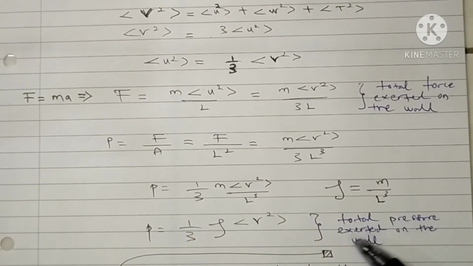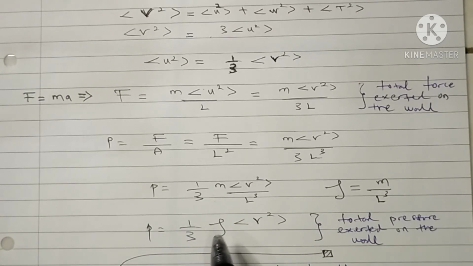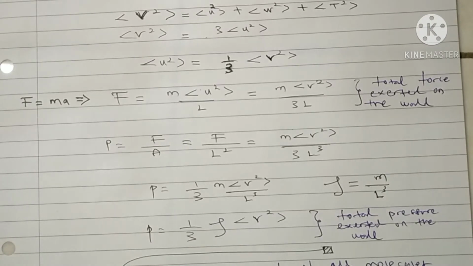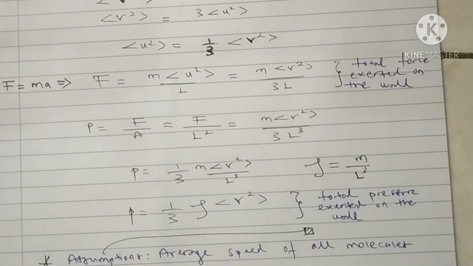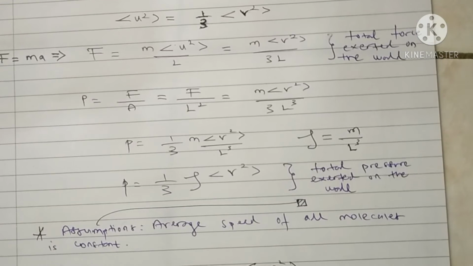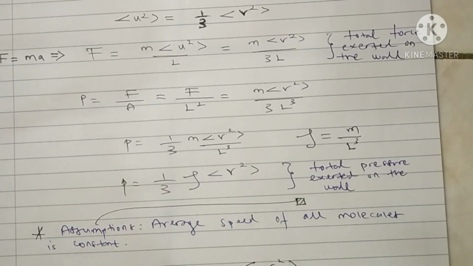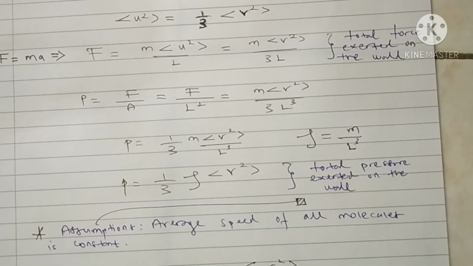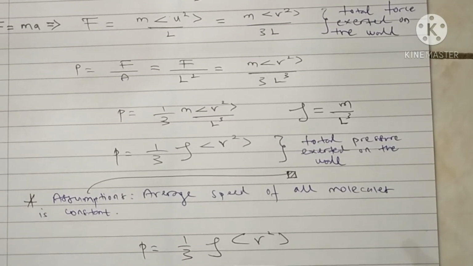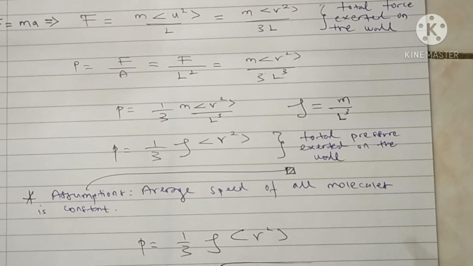So the total pressure exerted on the wall is P equals 1 over 3 times density times the mean square speed of v, given the assumption that the average speed of all molecules is constant.